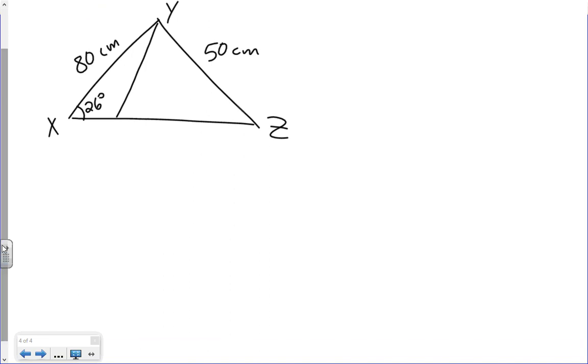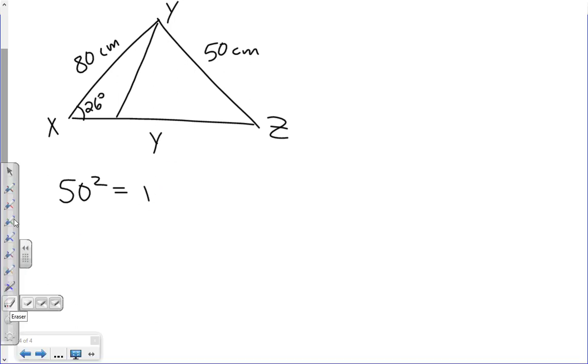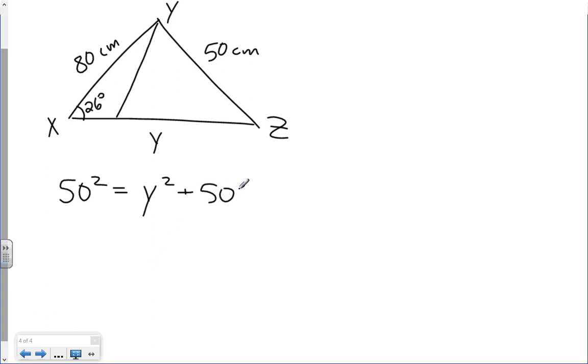Now again, when you set this up with law of cosines, you look at the angle you're given, and the side opposite of that goes on the other side. So it's 50 squared is equal to, let's call this y. In my law of cosines, it's going to be y squared plus 80 squared minus 2 times y times 80 times the cosine of 26 degrees.